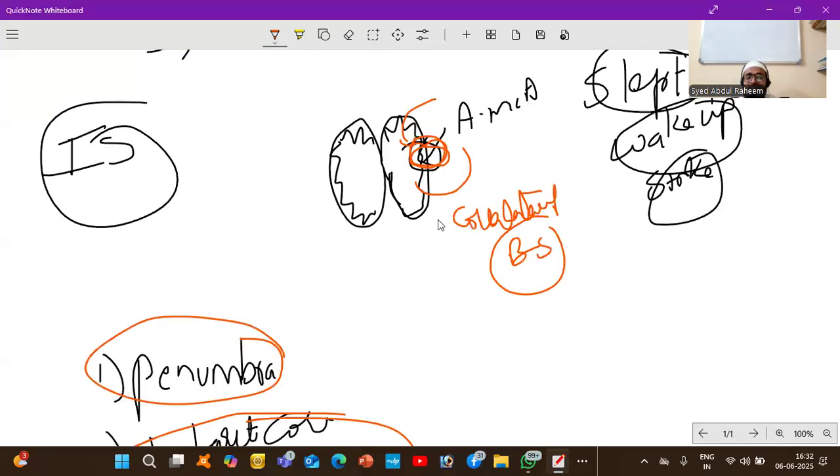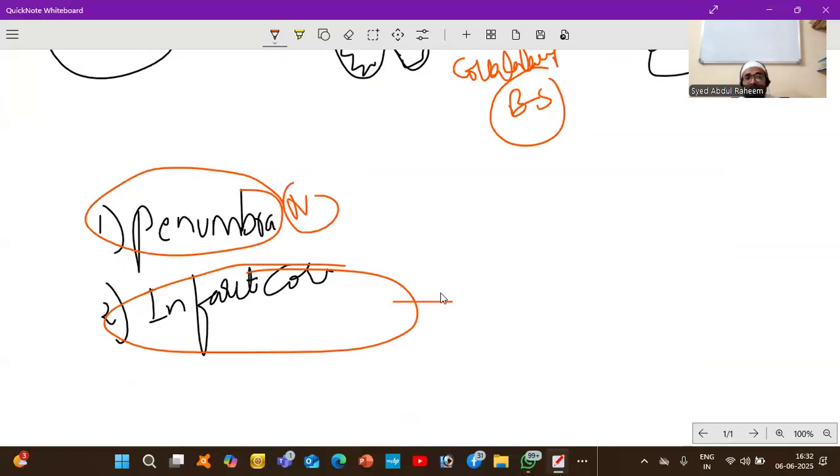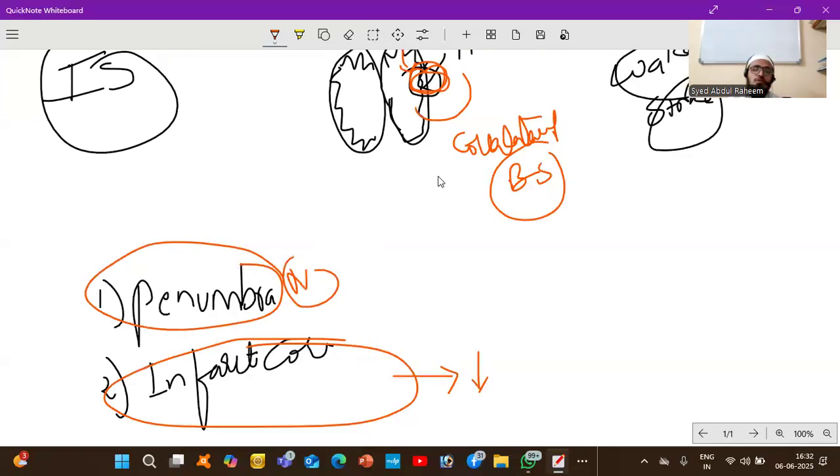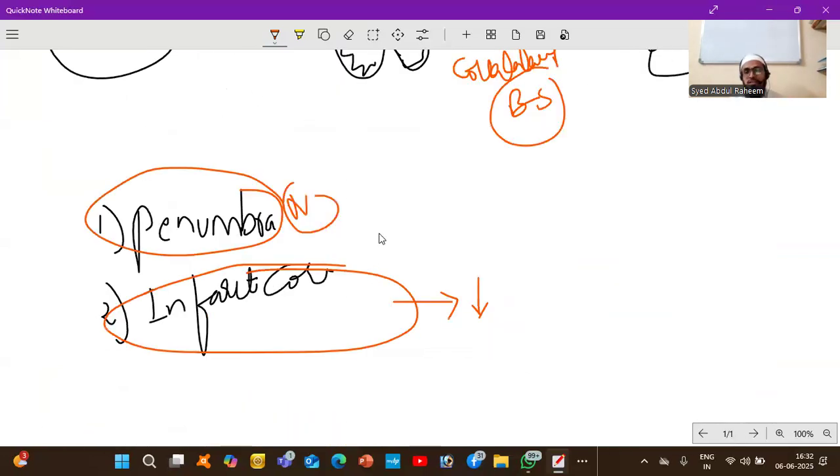The infarct core is the area where blood flow and blood volume are decreased. With the help of CT perfusion, you will get both things.